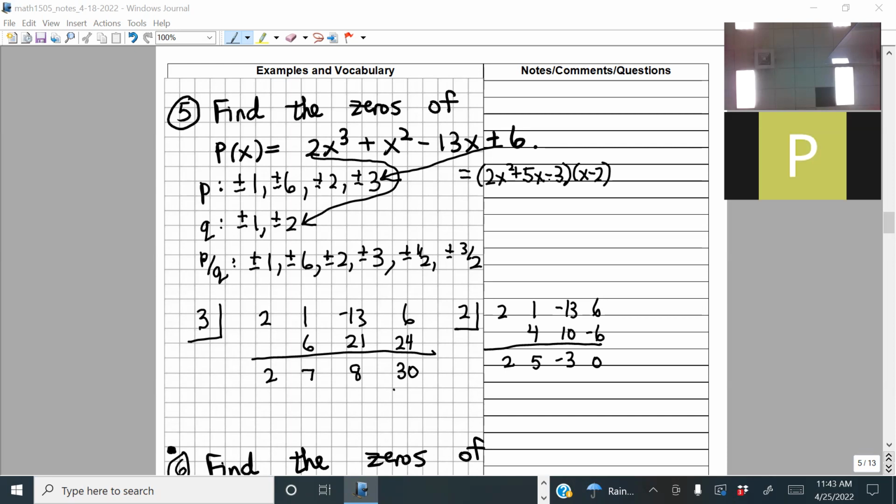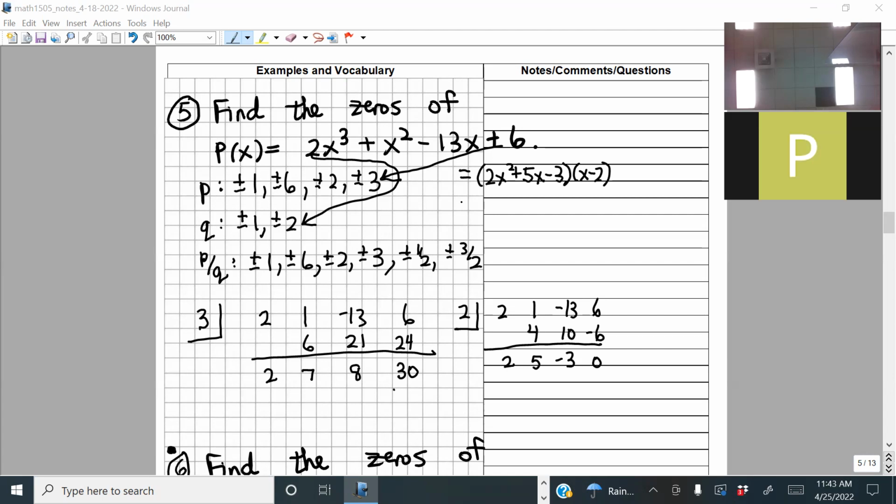So you can continue trying numbers from this list, or you can just try factoring it by inspection, just by looking at it. Or since this is quadratic, Amanda, you can always use the quadratic formula, right? So we know we're going to be able to finish this problem, okay? Because this is only second degree.